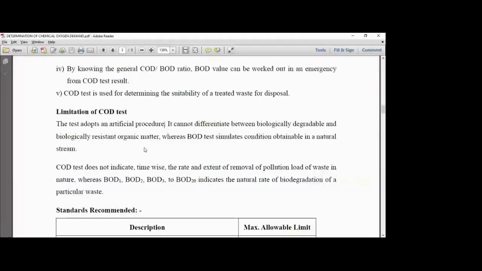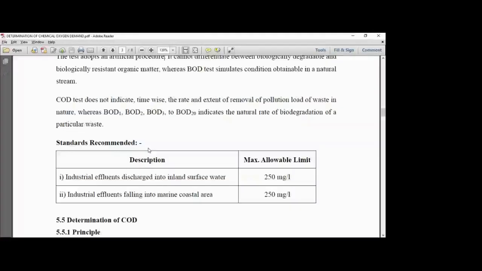So tomorrow, if you wish to complete this test in, say, 1 hour only, you can't increase that temperature to 250 degrees Celsius. This is the design temperature for this particular test. It is 150 degrees Celsius for the chemical oxidizing agent potassium dichromate, with which you obtain a result in 4 to 5 hours, right?